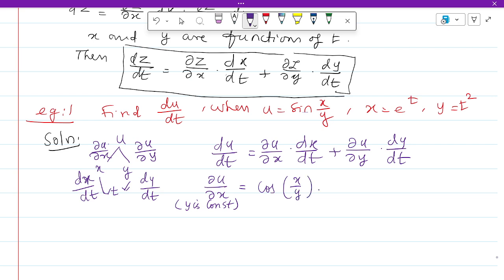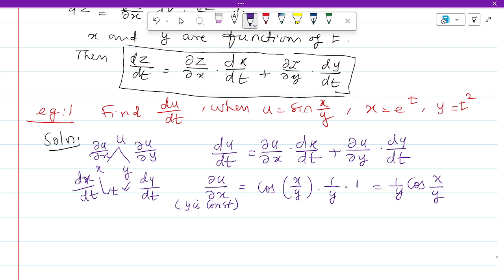Then once again you have to differentiate x by y. When you differentiate x by y, keep 1 by y as constant. Differentiation of x is 1. Okay, so you will get 1 by y cos of x by y.